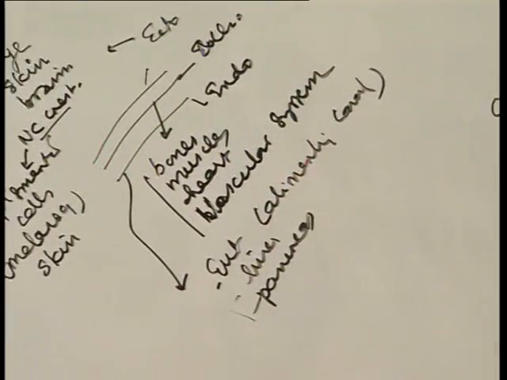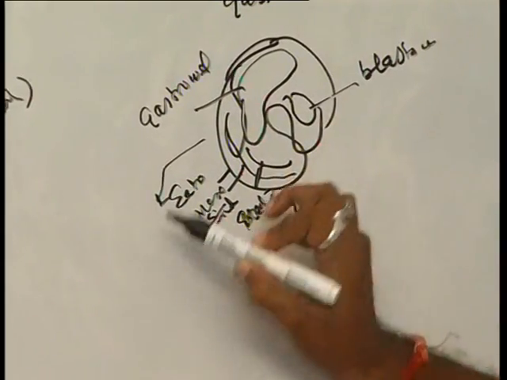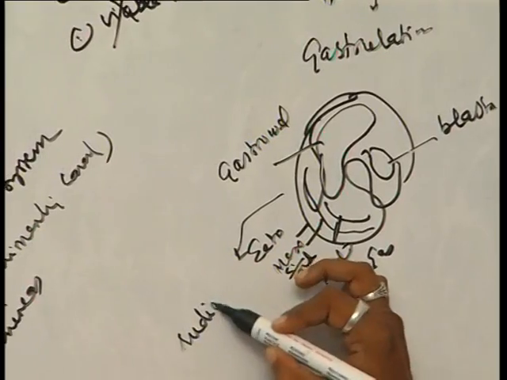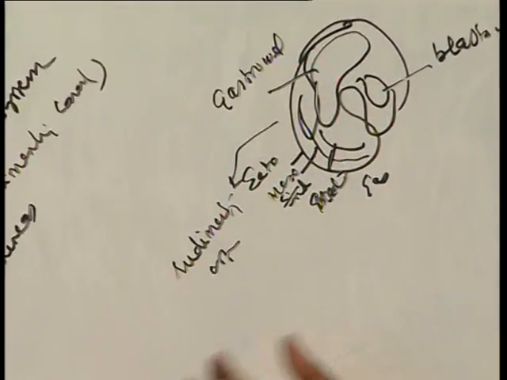So from the gastrula the fetus develops, and the rudimentary organs, small organs, are formed, and then they increase in size.